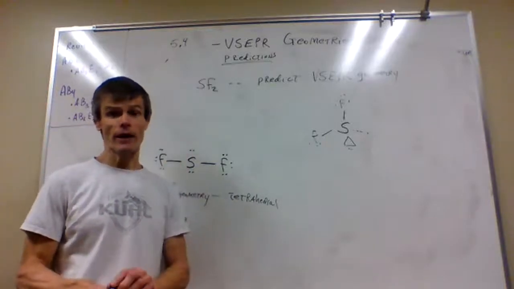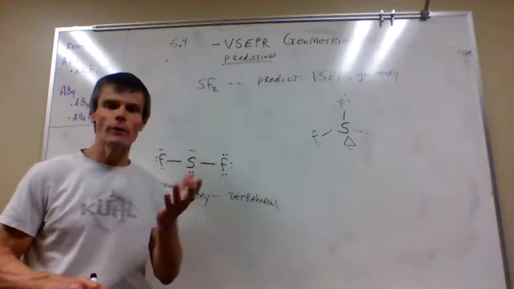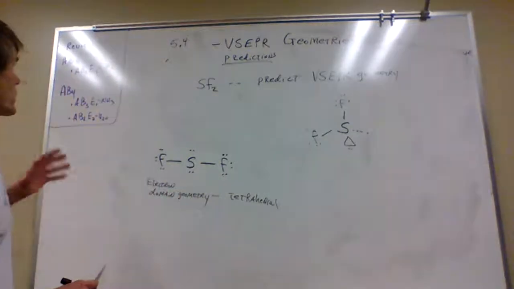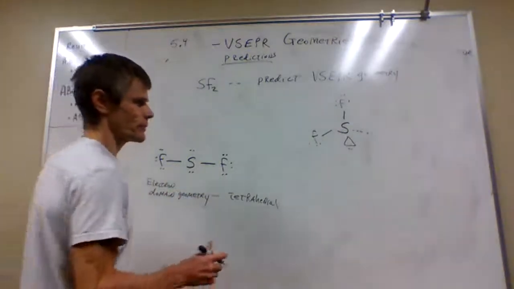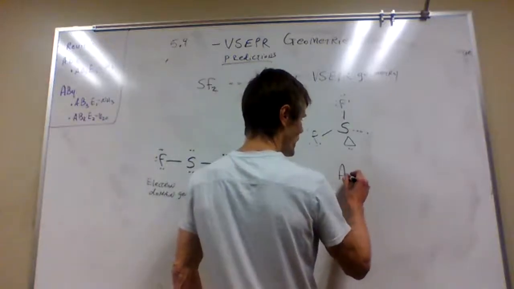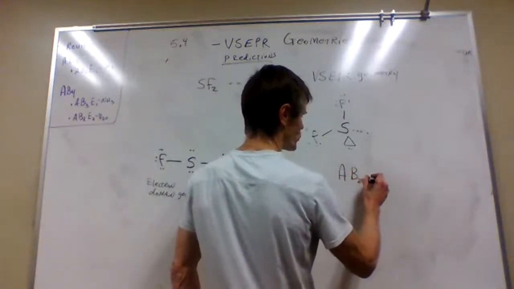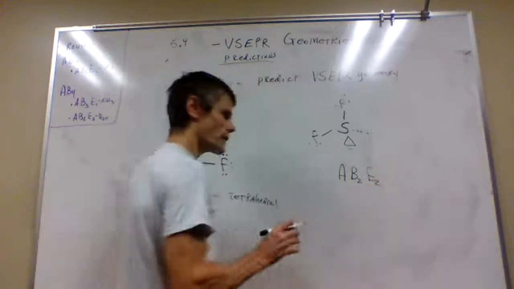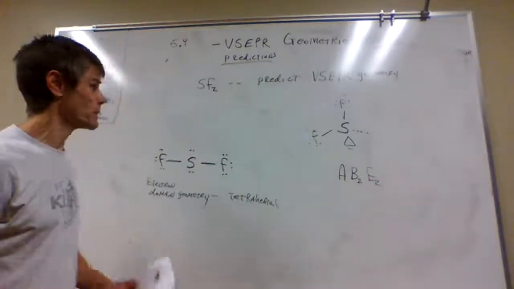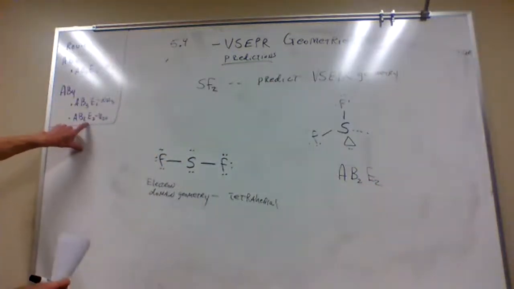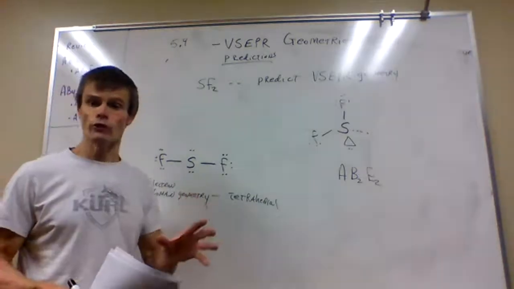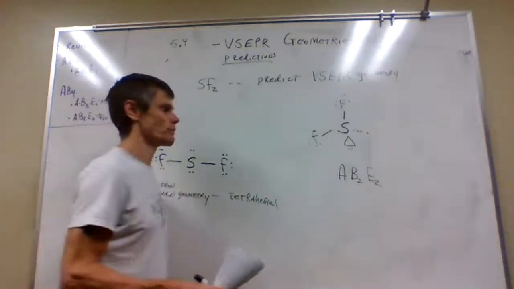And remember, oftentimes you can think about other molecules that we've addressed. So this, in essence, is what we call AB2E2. And as you remember, hopefully, this was what we derived for water. AB2E2 is a bent molecule.